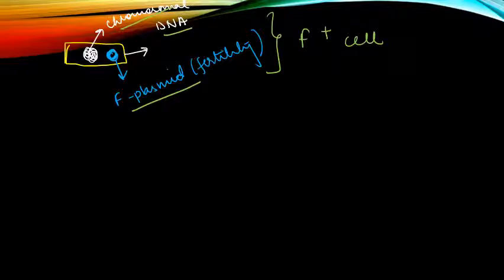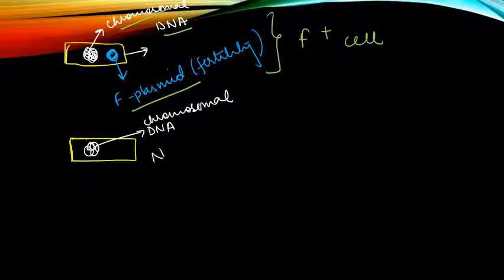In the case of an F negative cell, this is the bacterial cell, this is the chromosomal DNA, and there is no F plasmid. So we call this an F negative cell.